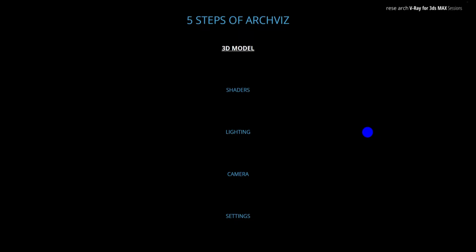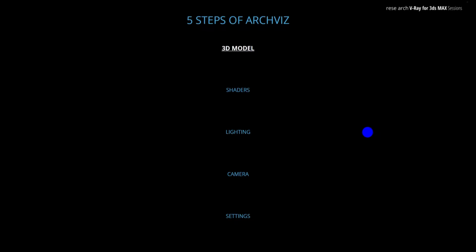You see here that highlighted is the 3D model. What I want to say about this is that you cannot create your visualization without having your environment and your building or your design represented in a virtual space through the 3D model. The same way as you go outside with your camera and take a picture of a building, or of a bridge or an environment, you need to have this represented in your virtual space.